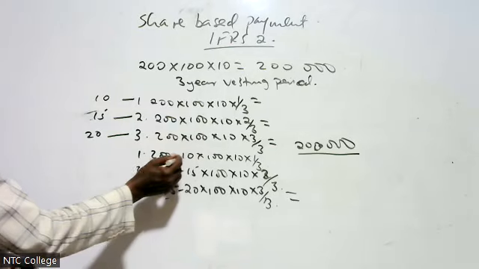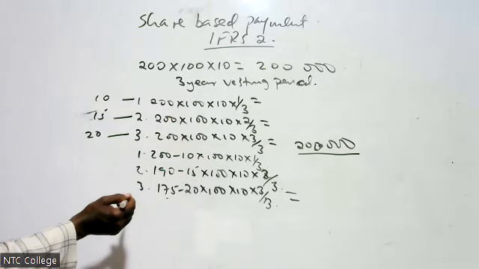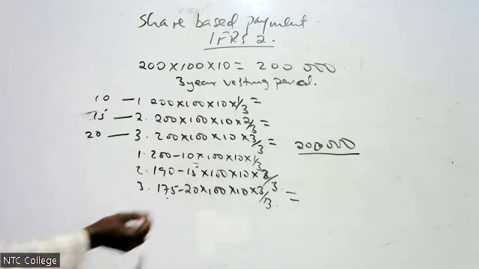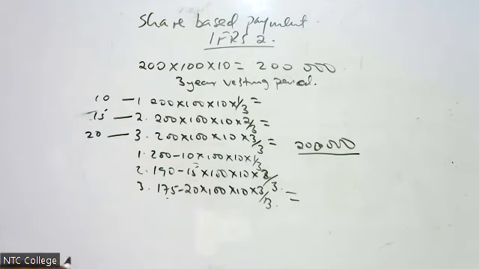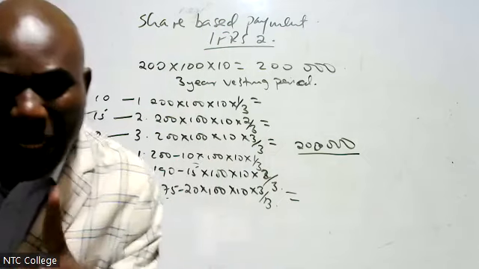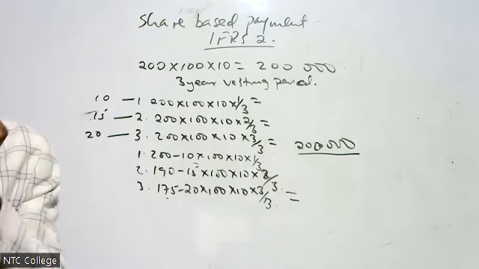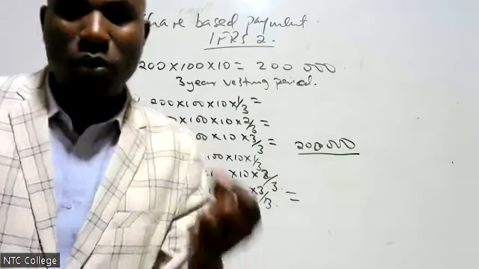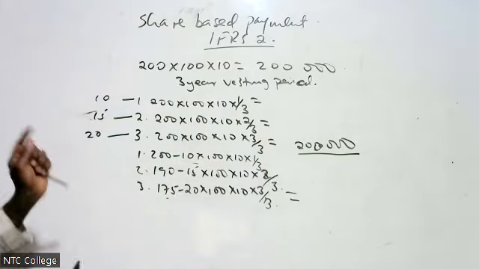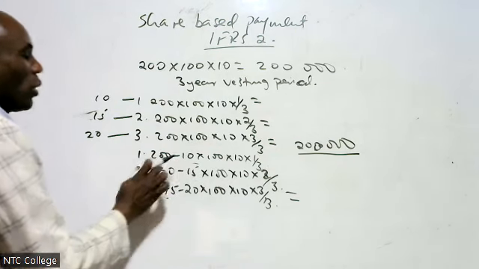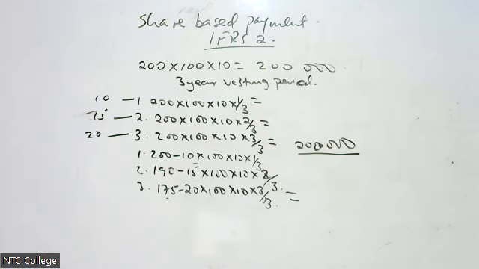Like, for example, here, you can see 10 employees left. When we come to year 2, 15 employees left. When we come to year 3, 20 employees left. But remember, in year 1, we are recognizing an expense. Therefore, the company will be using the best estimate of the employees leaving the company.